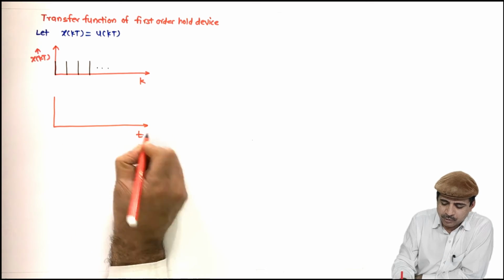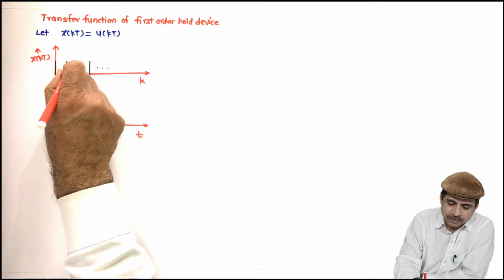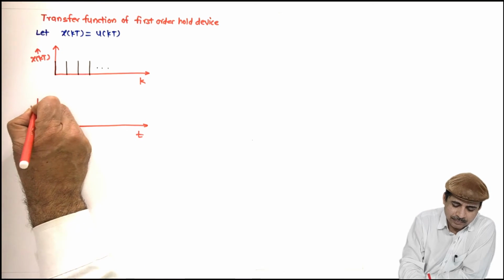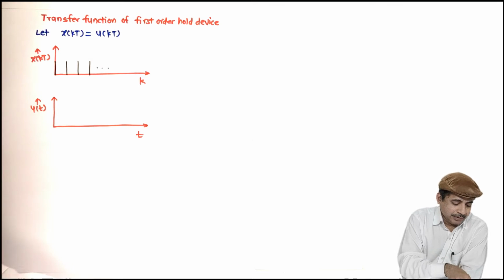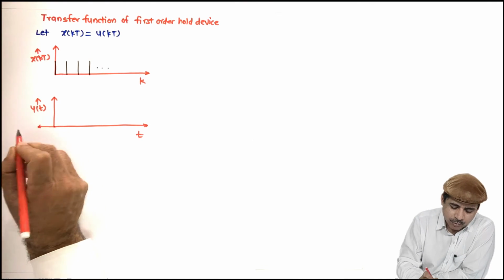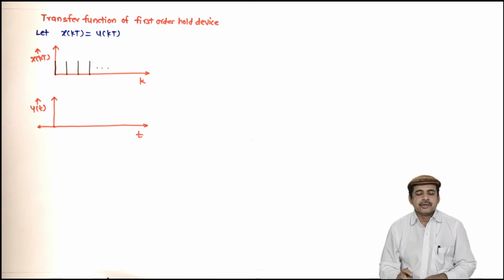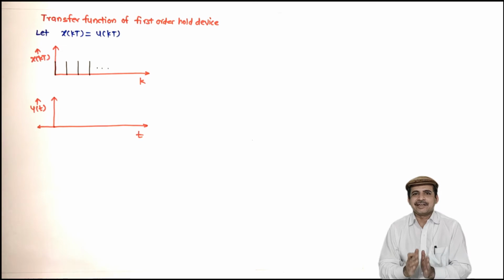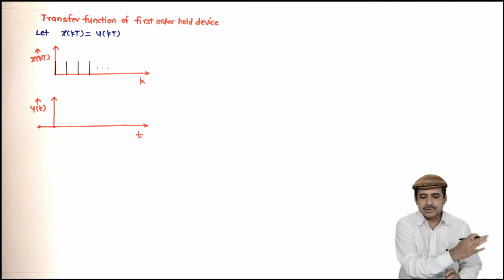So output of first order hold, when input is this one, x of kT. And now here what we need to do is, for backward interpolation we must know the previous value also. And now it is u of kT. U of kT is what? It is 1 for kT greater than equal to 0, and it is 0 otherwise. So the previous samples are 0.